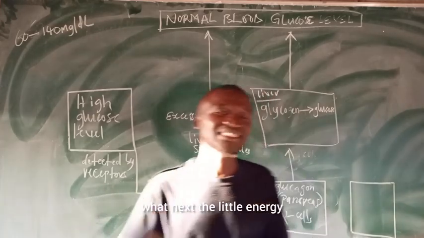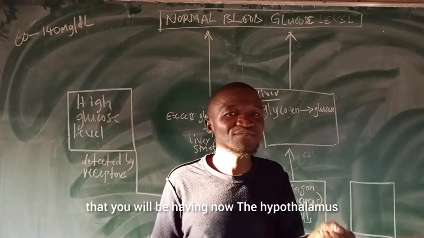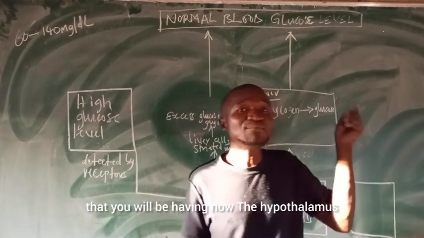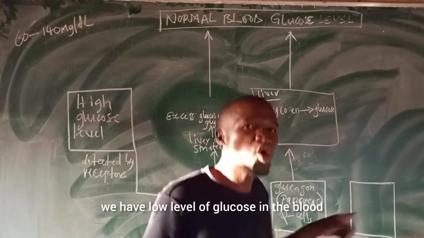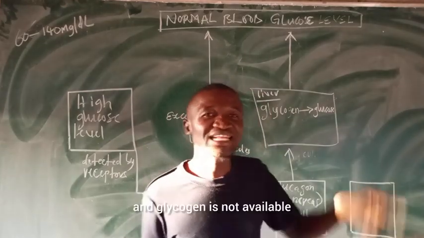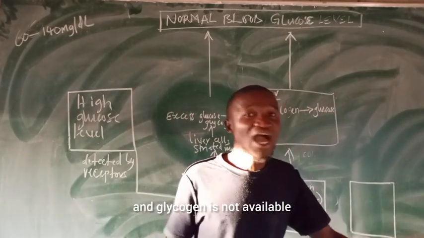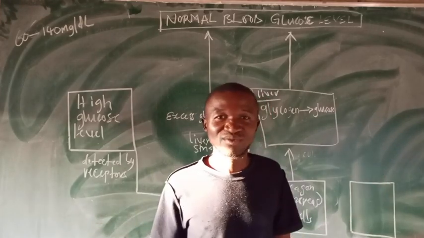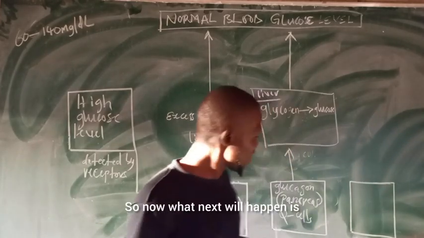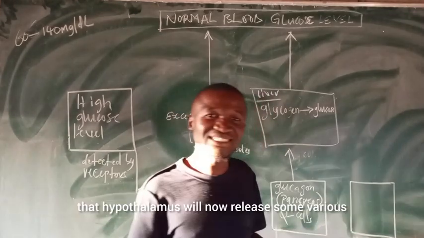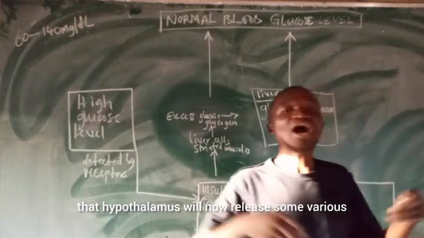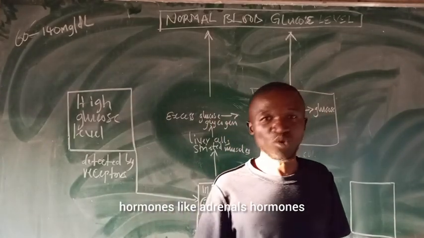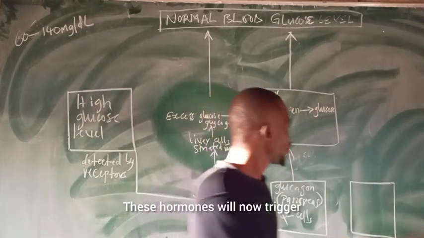So now, what next? The hypothalamus will detect that, yes, we have a low level of glucose in the blood and glycogen is not available. So what do we do? What happens next is that the hypothalamus will release various hormones, like adrenal hormones.